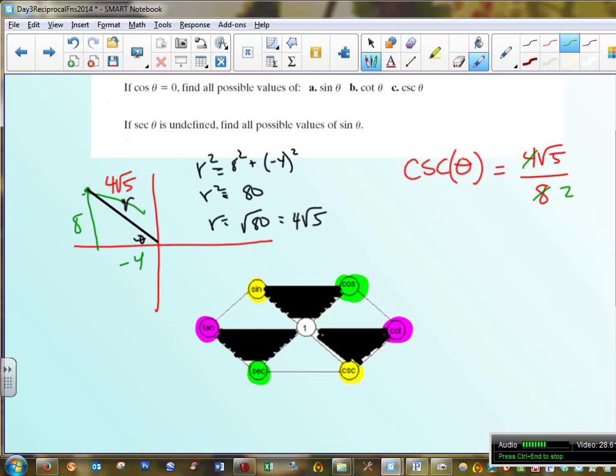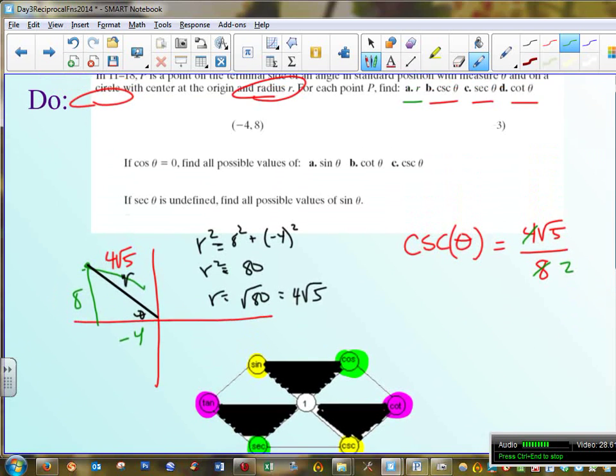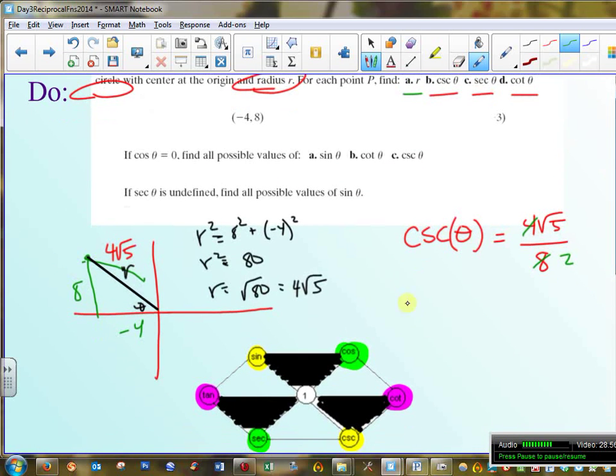The next one, you're asked for secant of theta. So we'll go to our magic hexagon here. That's the reciprocal of cosine. Cosine was adjacent over hypotenuse, so this one has to be hypotenuse over adjacent. 4 square root of 5 over -4. My answer is a negative square root of 5.